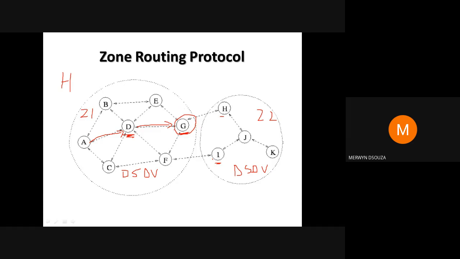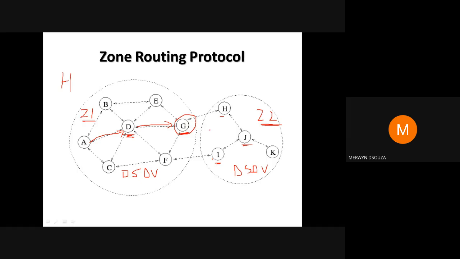Once the packet reaches here, G notes that the packet is not intended for any node within this zone, but it is intended for a node within the other zone, which is Z2. So it will make use of reactive routing; it will now discover a new route to this node J. It could use DSR or it could use AODV, for example.